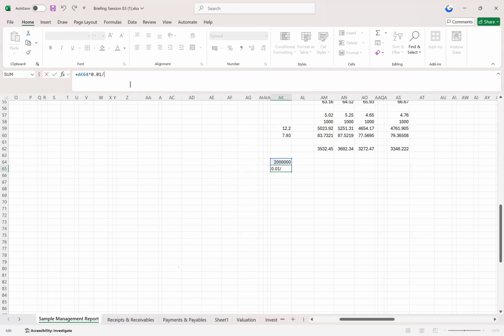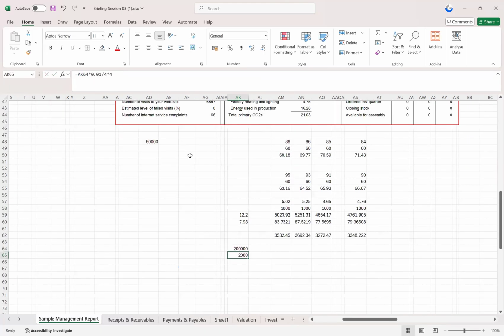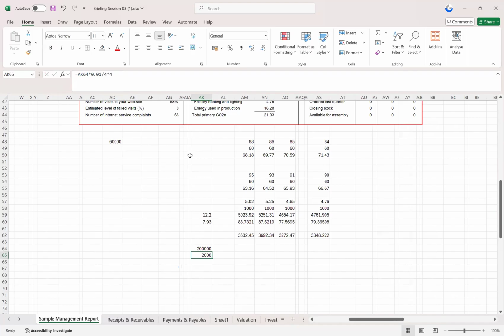Divided by 4 plus 4, this 5,000, this interest. This 500 I will earn for the next 4 quarters, plus this 2,000 euros interest that I will earn by selling the machine.